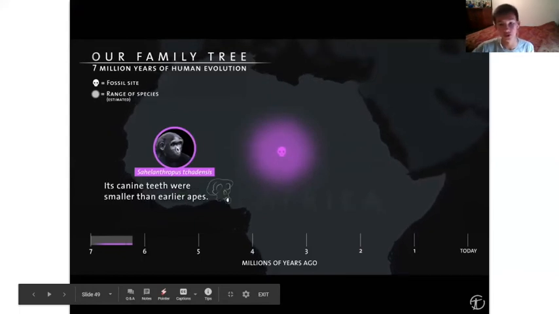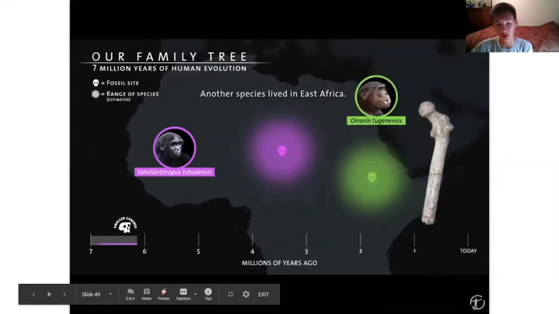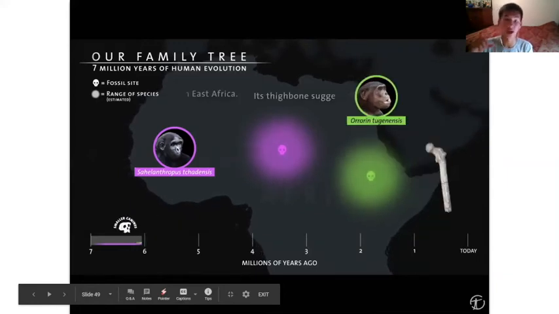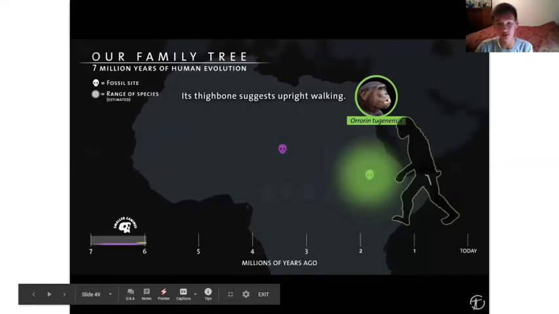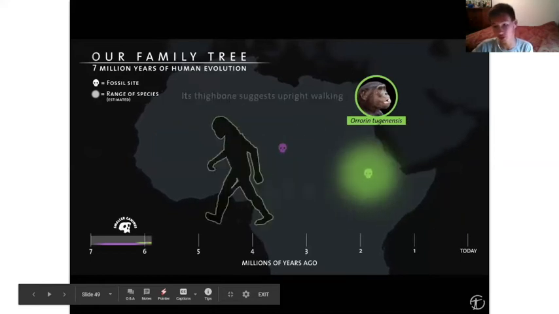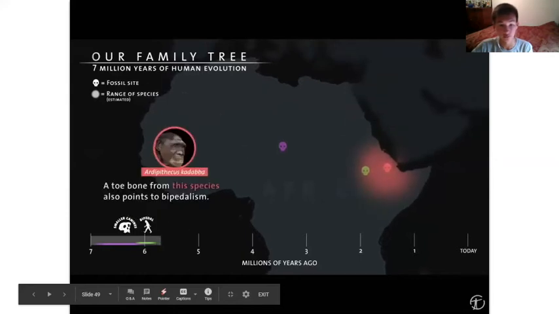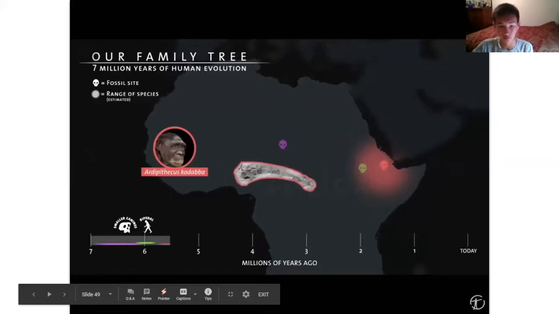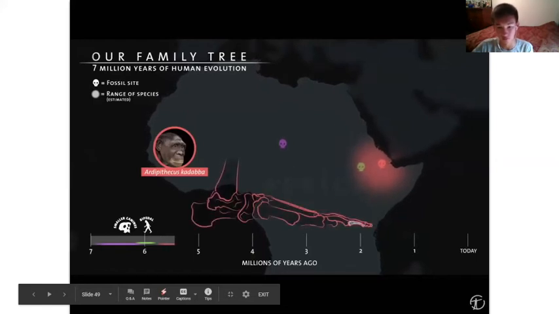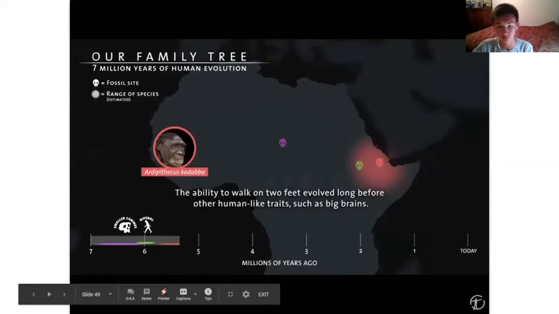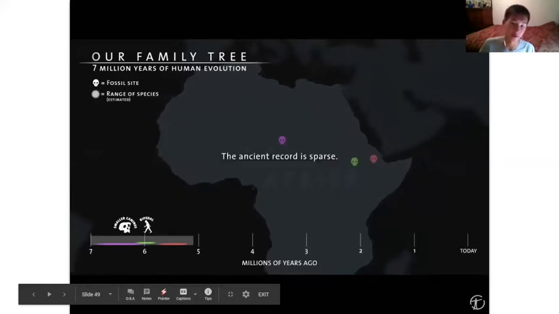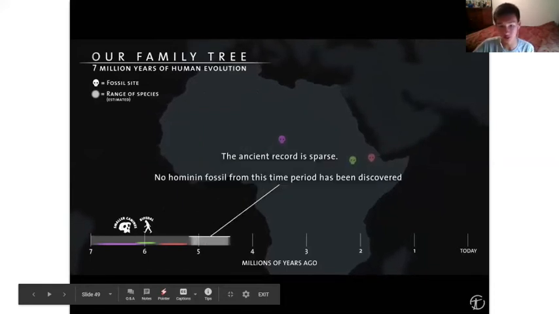So they're talking about the changes from the apes here, and they're highlighting which changes suggest upright walking or differences. I think this video is just good to have as background information in general.